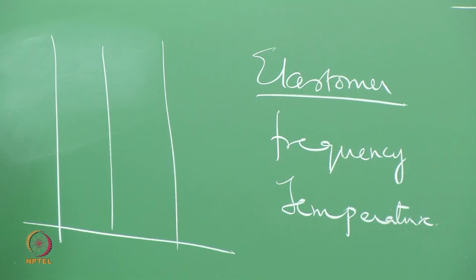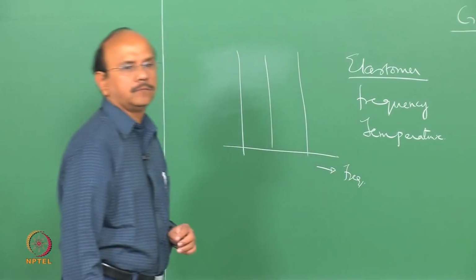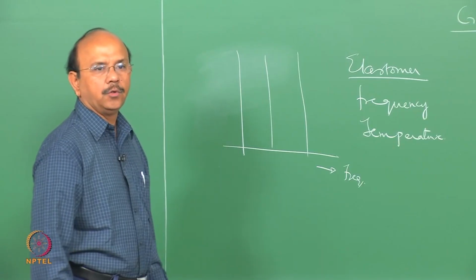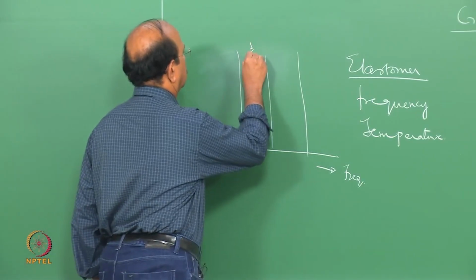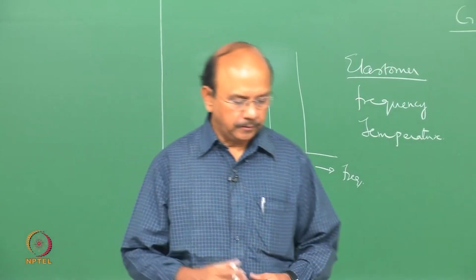Say, for example, this would be the frequency. We said in the region where the frequency is low, the elastomer acts like a spring.